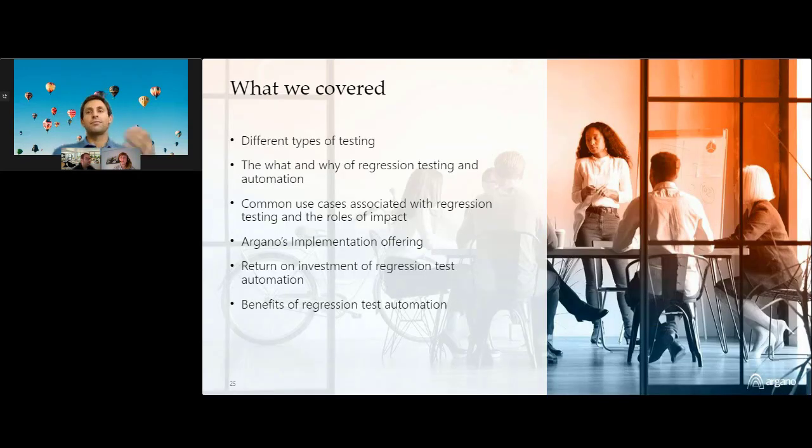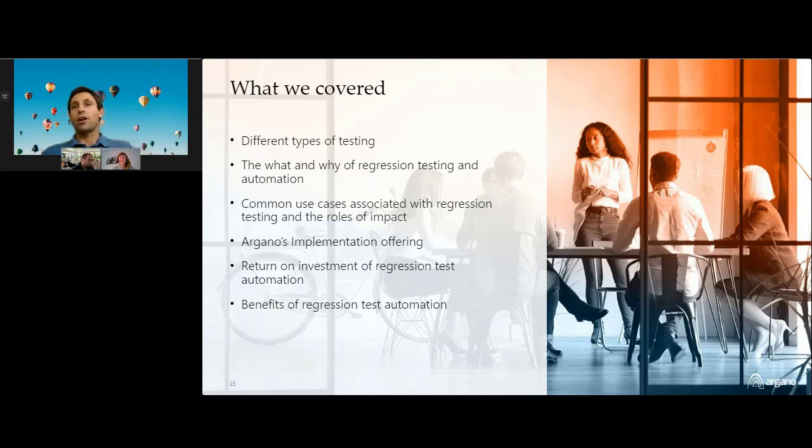So what we covered was we reviewed a little concept of testing. What are the different types of testing? We went through the what and why of regression testing and automation. We saw some common use cases associated with the roles impacted, as well as the different types of application of test automation, for example, with validation processes, as you just mentioned with Josh.